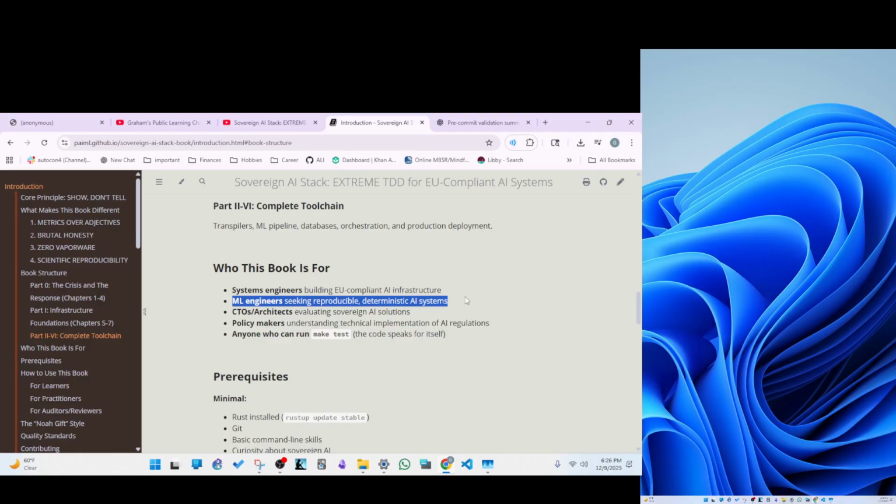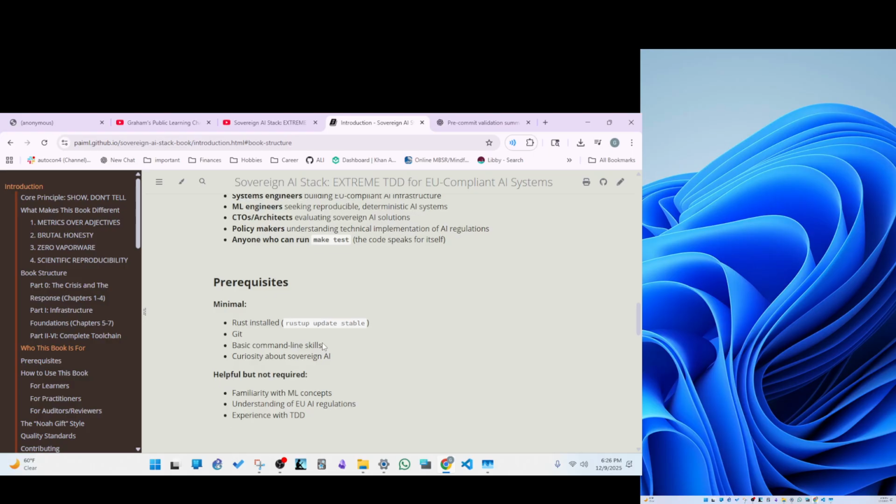Policymakers understanding technical implementation of AI regulations. Not exactly me, but I do want to understand where they're coming from with these regulations for sure. That's really important to me. Anyone who can run make test, the code speaks for itself. I can run make test. Prerequisites: minimal. Rust installed, we have that all set up.